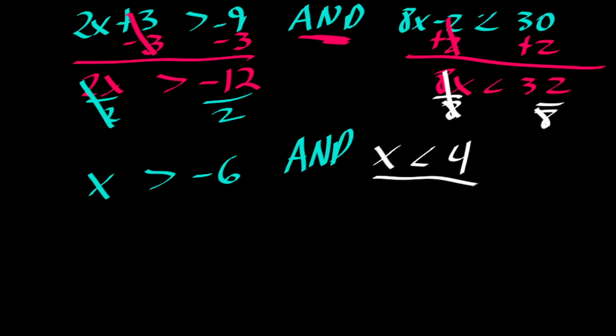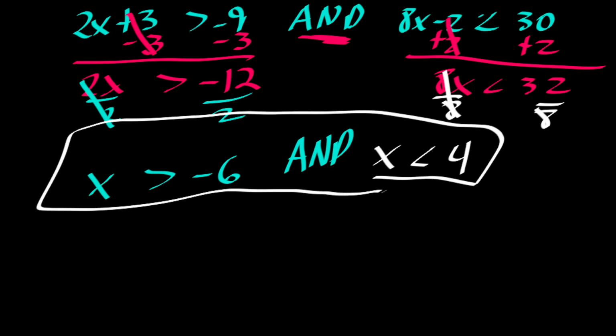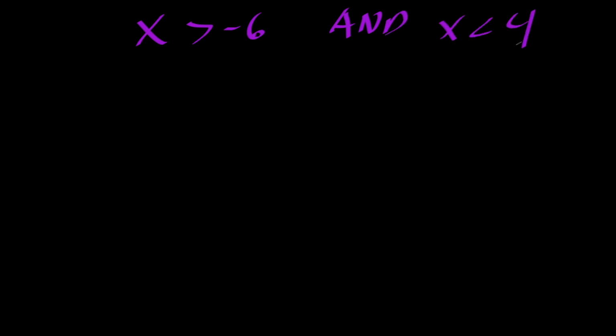Now, I'm going to rewrite this just to show you how this may be rewritten, and then we'll actually do a problem in that format. All right, but let's go to the actual graphing. Let me show you how to rewrite this. So let's start with what we just got. We said x is greater than -6, and x is less than 4.